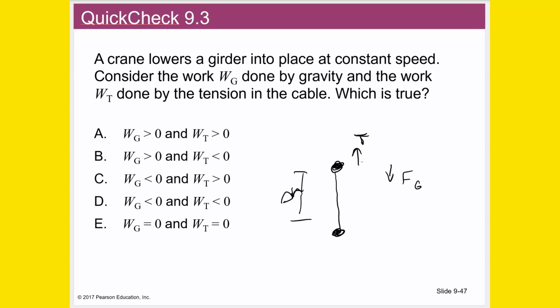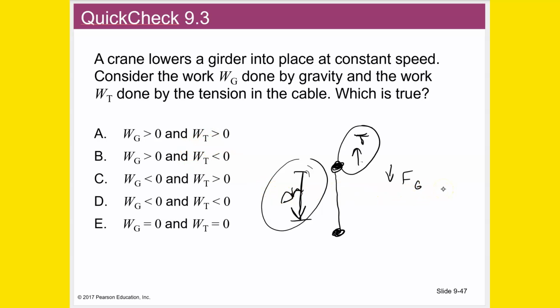So delta R is this way, and the fact that tension is in the opposite direction of the displacement means that tension is actually doing negative work. So the work done by tension is less than zero.